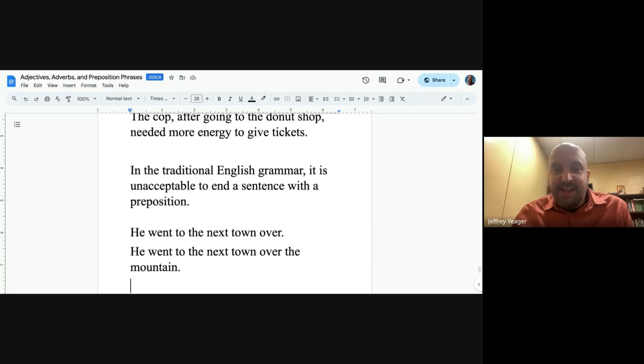The reason for that goes back to Latin again, because in Latin, in the ablative case, you always have to have an object for your preposition. So, considering that the 18th century grammarians were trying to make English into Latin, that's why they made that rule. They were trying to bring the structure of Latin to English, I should say.